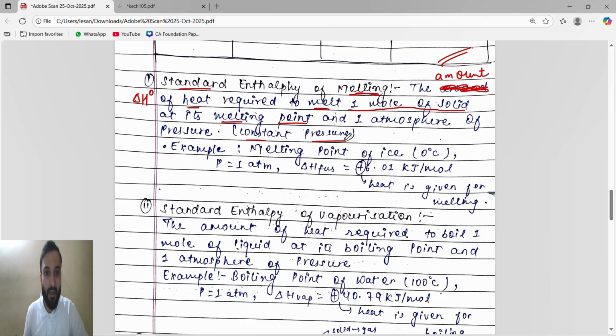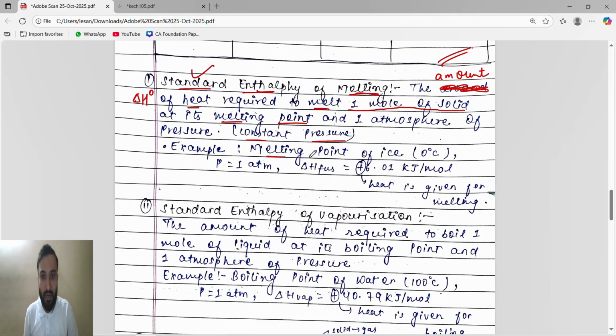Okay. So standard enthalpy of melting means the amount of heat required to melt 1 mole of solid at its melting point, and 1 atm constant pressure. Okay.